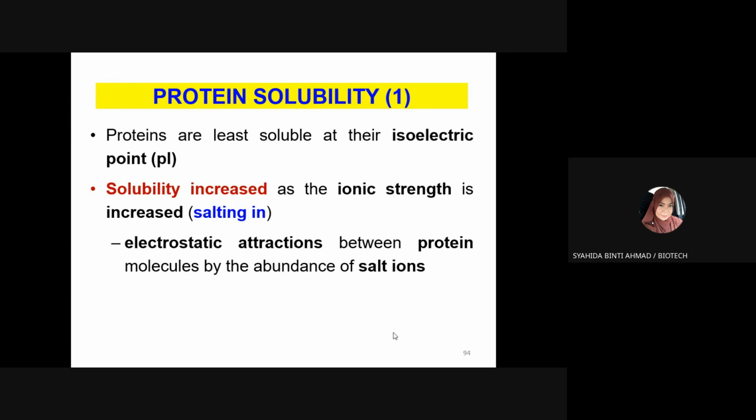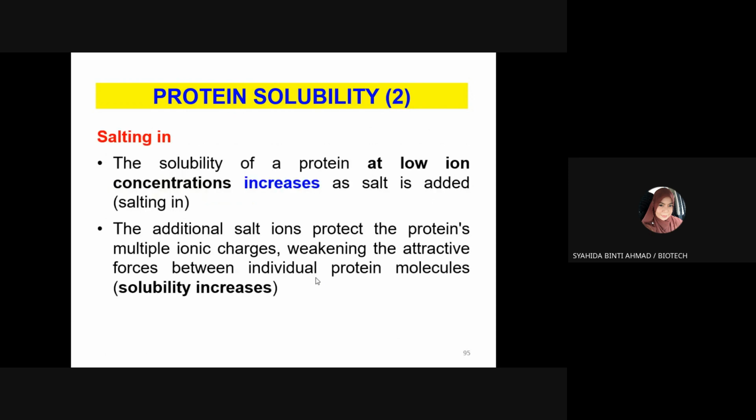In order to increase the solubility through the ionic strength, you can add salt. We call this salting in. It will cause the salt and the protein to undergo electrostatic attraction. And then when you increase it slowly, later the solubility of the protein decreases, right?